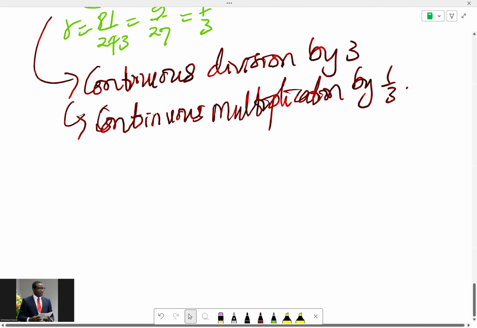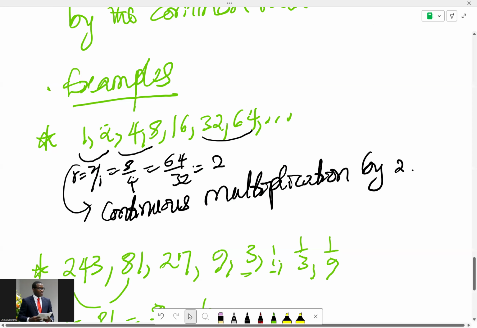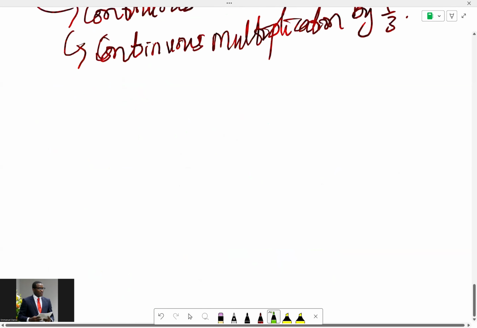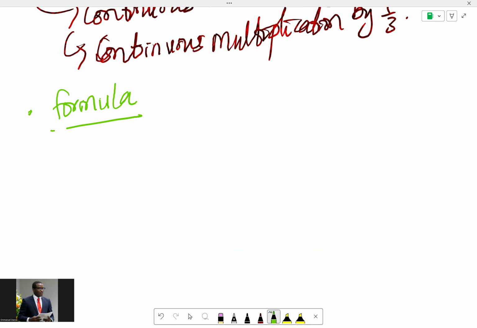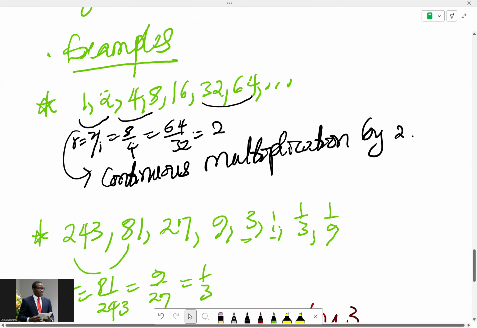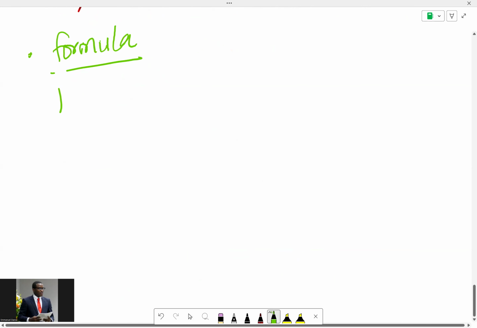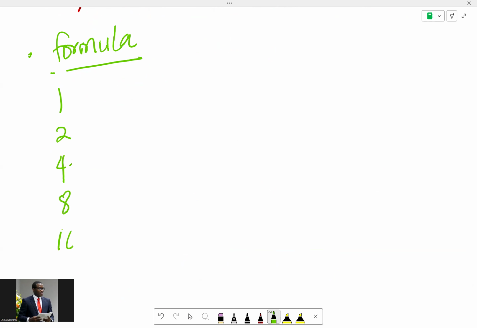So now, how do we obtain the formula in this situation? Let's talk about the formula here, and I'm going to use the first one like I did the other time. To get the formula, you have 1, 2, 4, 8, and all that. So imagine you have 1, 2, 4, 8, 16. Let's stop here.